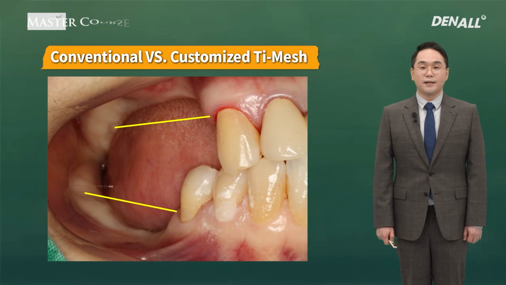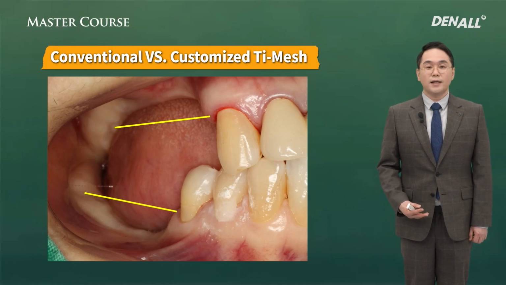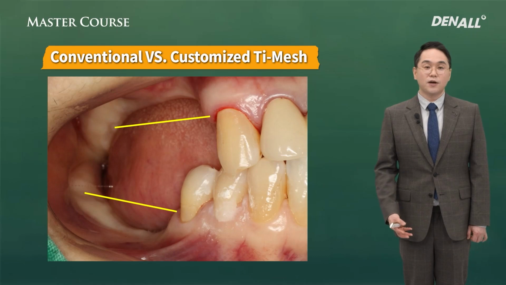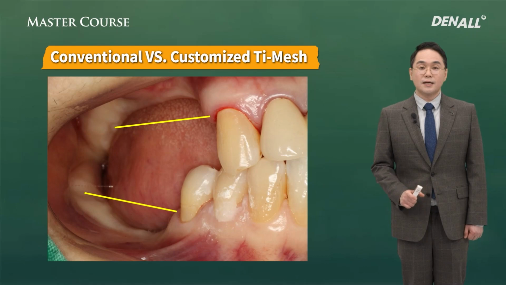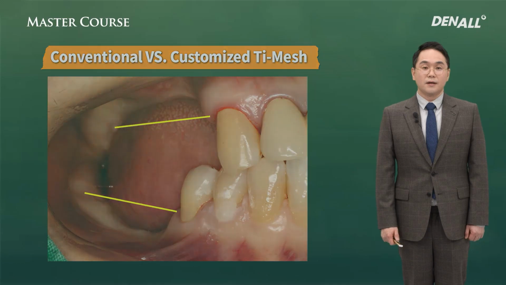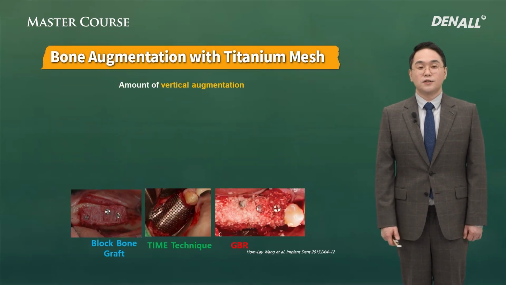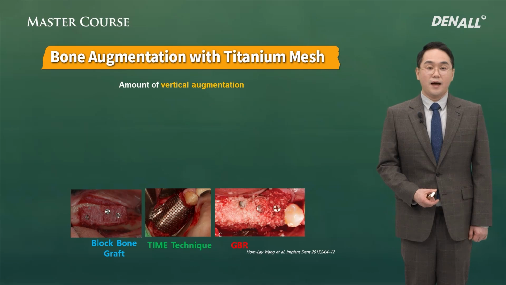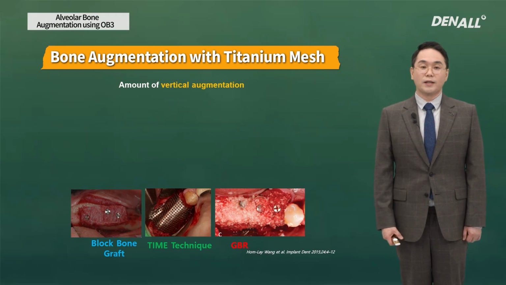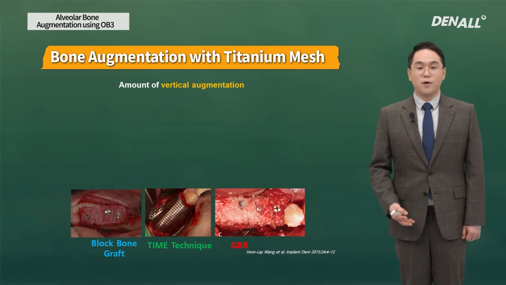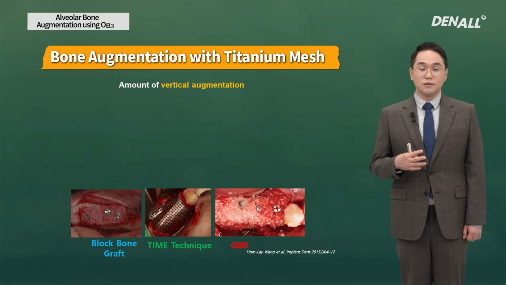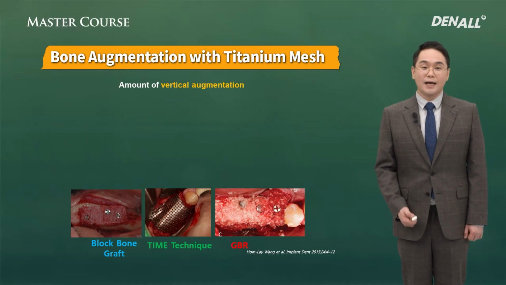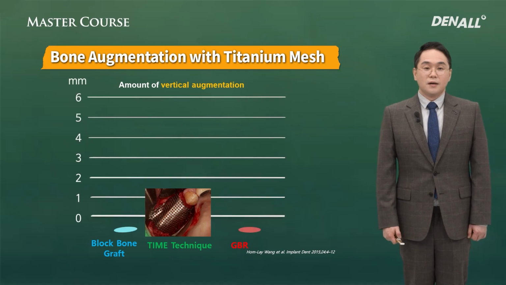When do we need to use a titanium mesh versus general GBR using general membrane? For vertical bone augmentation, it depends on the volume of vertical bone defect. According to many studies, block bone graft versus titanium mesh technique versus GBR using particle bone material and membrane, depending on those, the amount of vertical bone regeneration can differ.